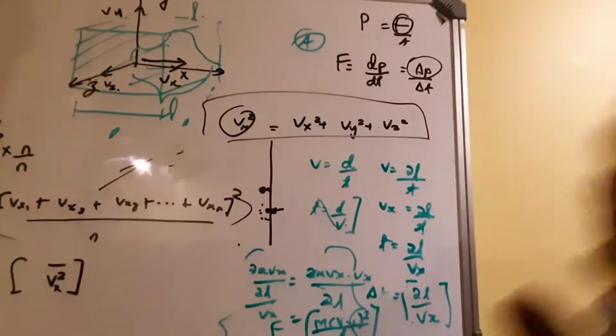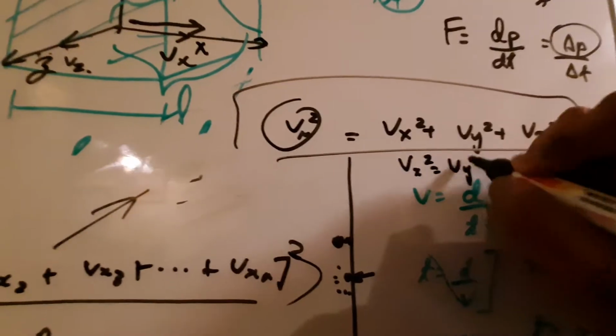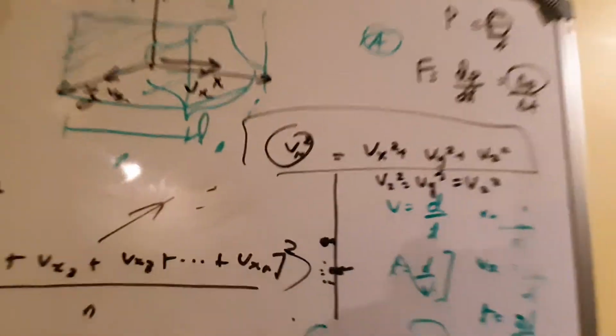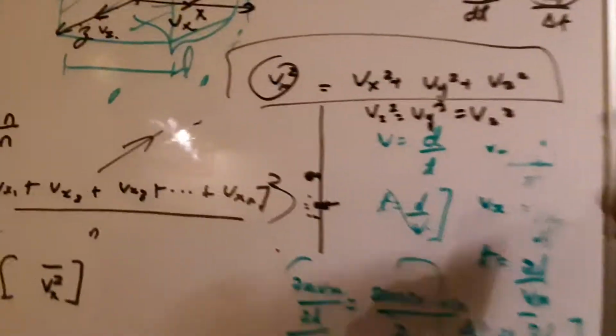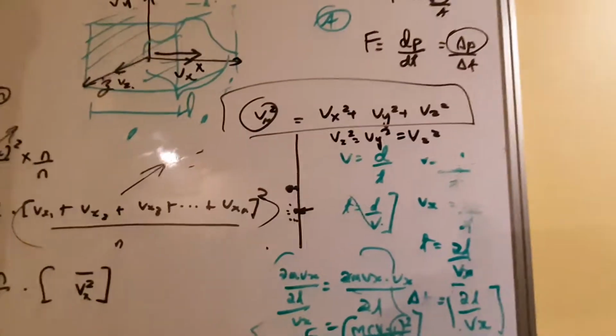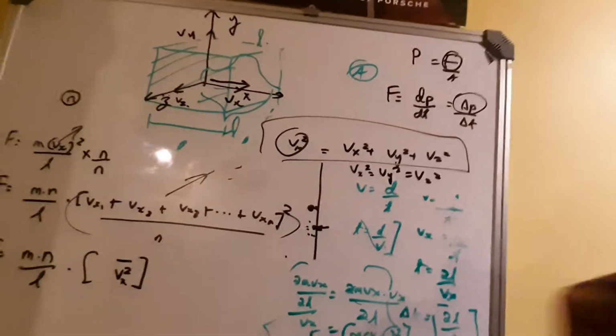So if we consider that particular case, there exists a very probable chance, and even if they are equal, I consider Vx square to be equal to Vy square to be equal to Vz square. So I'll take Vx square, Vy square and Vz square, and let me take Vx as the major component of this particular equation.